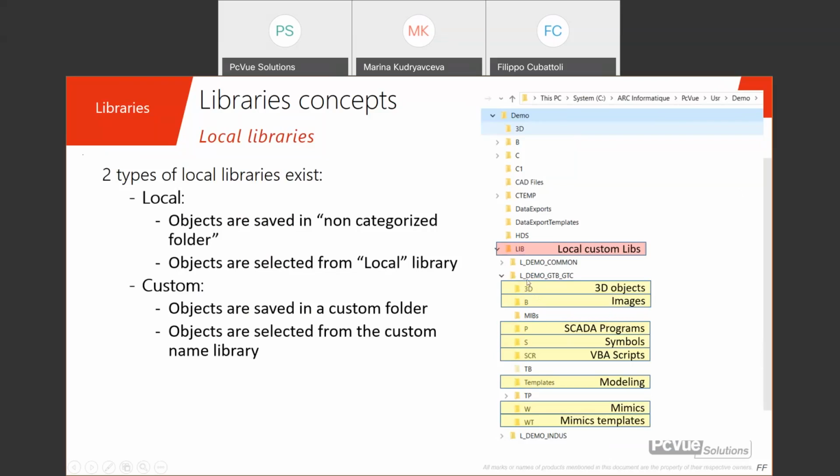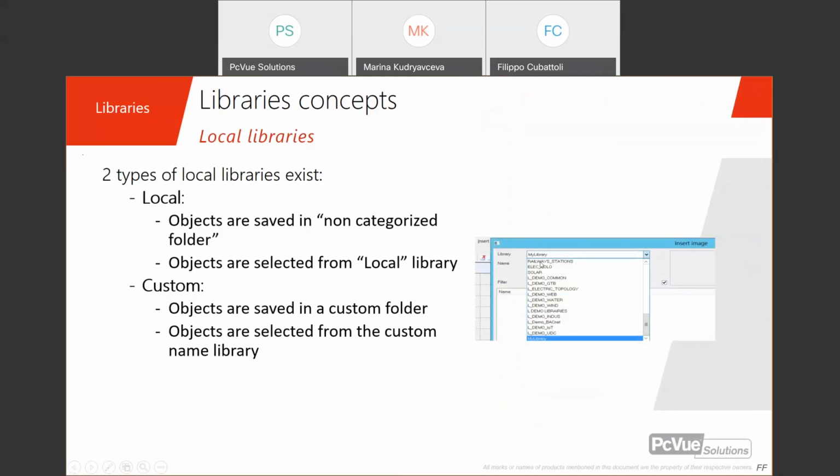In each folder, you will have all the folders containing the objects for mimics, templates, and so on. So this kind of local library is a custom library. It's a library for a specific category of object, for example, for a building or for a specific object you may need in this project and want to categorize. And here in the selector in PcVue, you will have something like my library, which is a custom library.